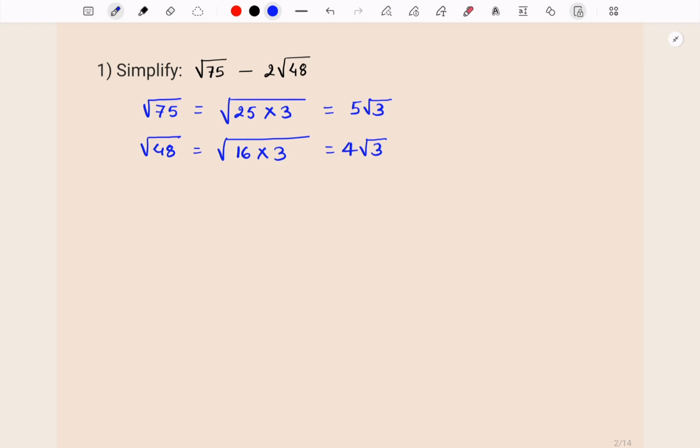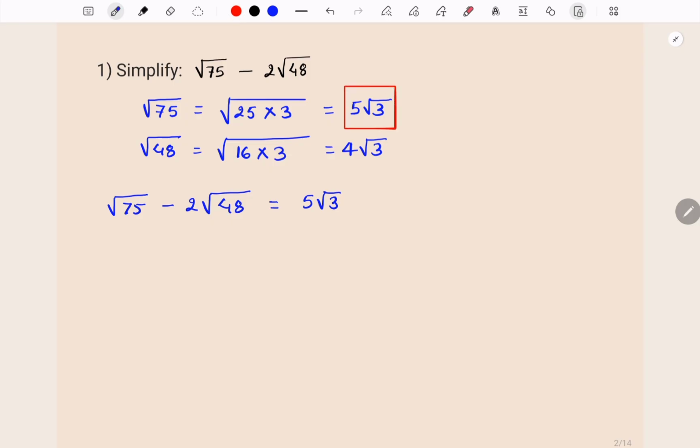Now let's go back to the original question. We have root 75 minus 2 root 48. After the simplification of the surds, the expression becomes 5 root 3, because root 75 is 5 root 3.